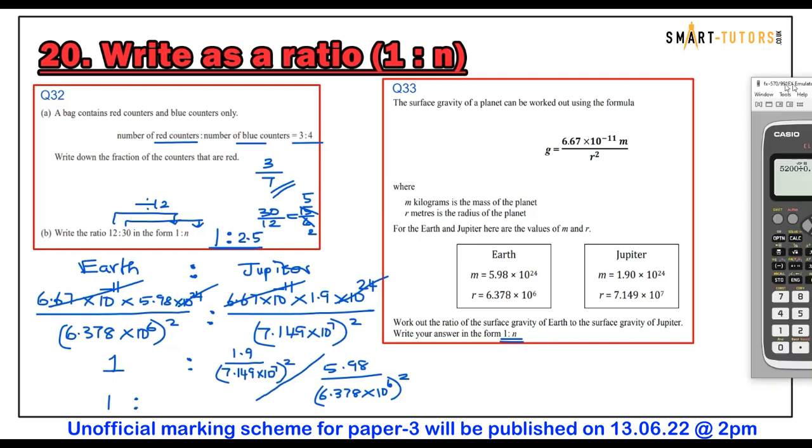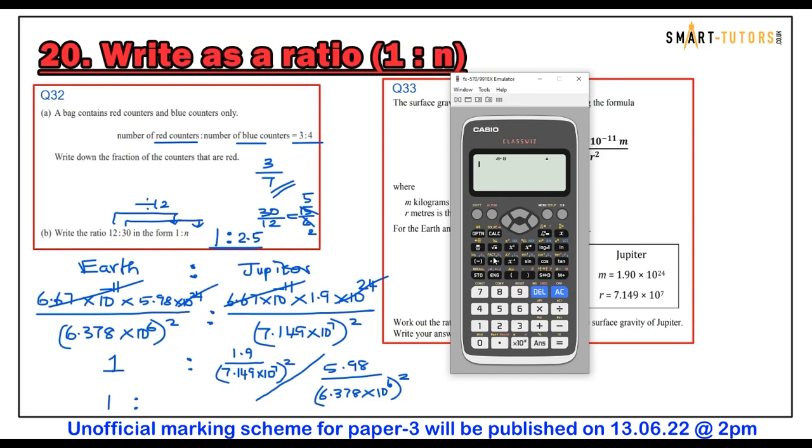So you have to learn how to press the calculator. That's all about it. Use the fraction sign and do another fraction sign. On the top is 1.9 and at the bottom is bracket 7.149 times 10 to the power 7, bracket close, and to the power squared.